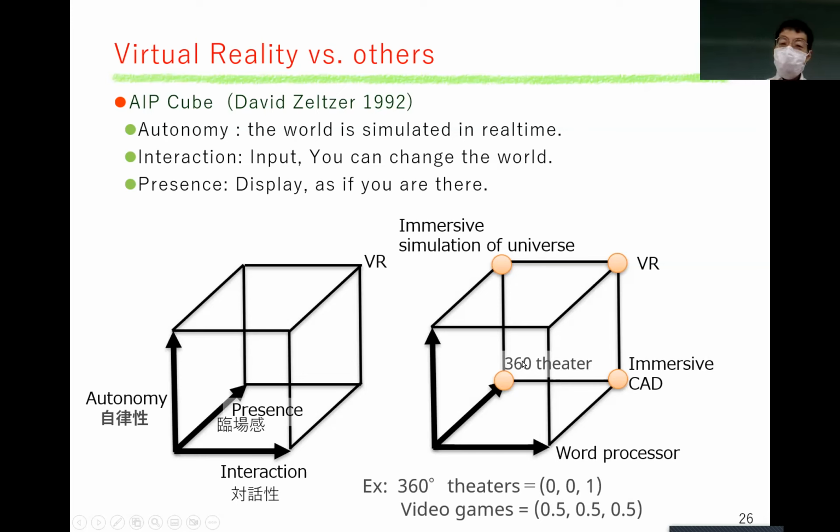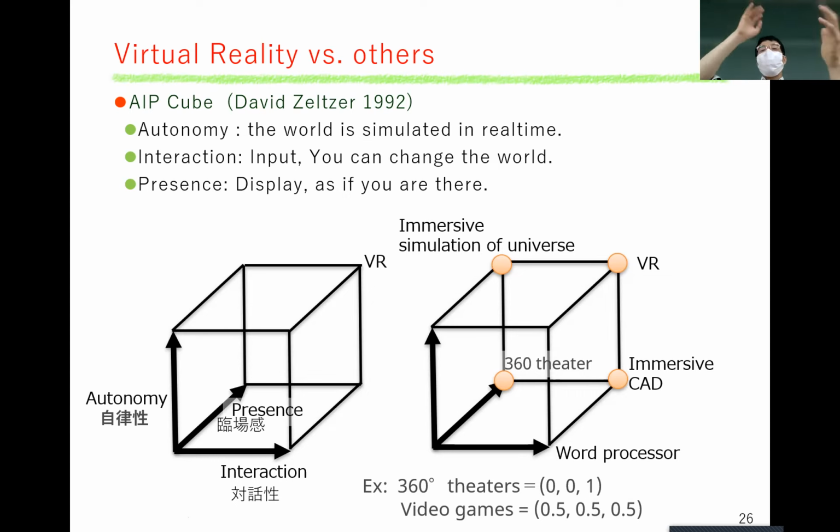And a planetarium, for example, will have presence, but may have some autonomy, because in a planetarium, stars are moving because the Earth is moving.